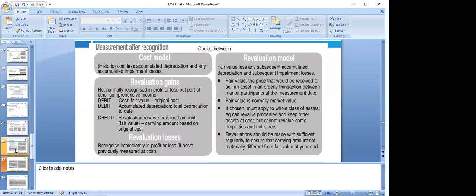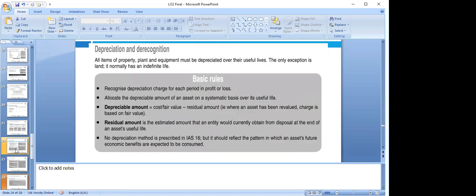Yes, the asset needs to be revalued at cost or economic value, whichever is lower, not higher. Always remember, please, cost, fair value is the market value, and accumulated depreciation and then revaluation reserve. We can look at the fair value and carrying amount based on the original cost and revaluation model we use.